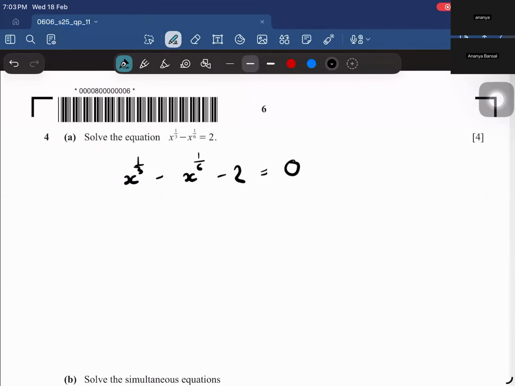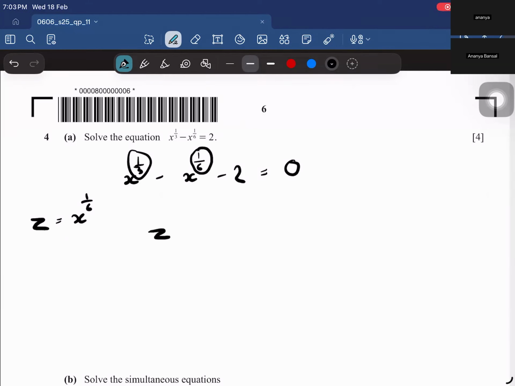After you do so, most of the time in non-calculator questions like these, there's a trick, and here it is: if you notice, if you times this power by 2, you get 1 over 3. So I can use the substitution rule where I call z equals x to the power 1 over 6.